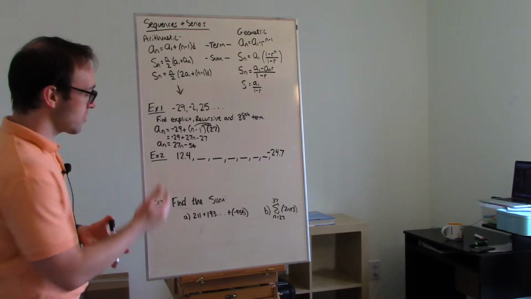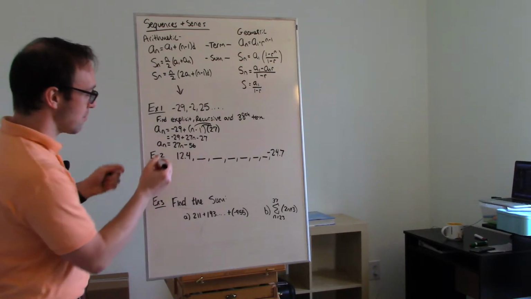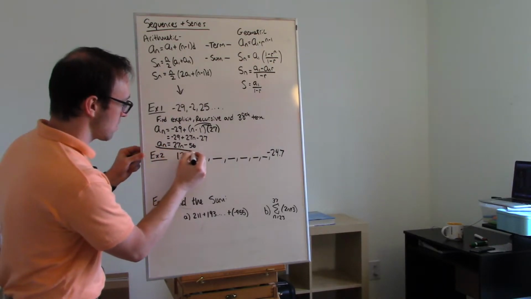Your explicit formula answer, a of n equals 27n minus 56.